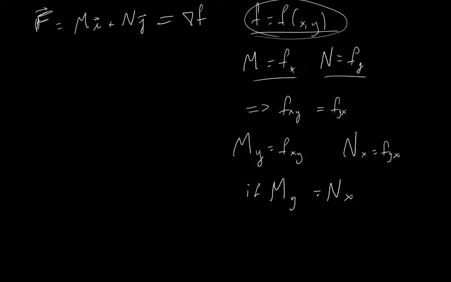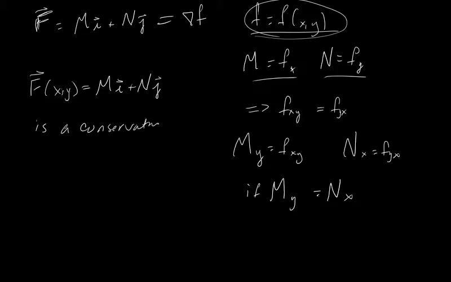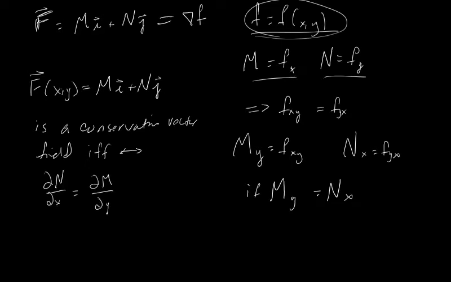So F of xy equal to m in the i direction plus n in the j direction is a conservative vector field if and only if, iff, or if you prefer, you can do the biconditional, if and only if the partial derivative of n with respect to x is equal to the partial derivative of m with respect to y. In other words, if n sub x is equal to m sub y.